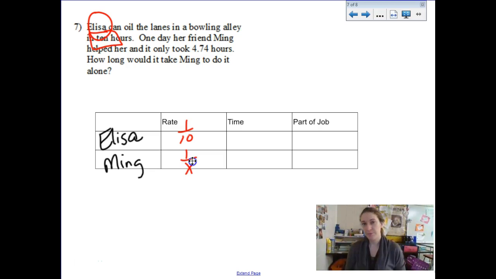But if they work together, it takes them 4.74 hours. So again, that's probably a truncated decimal. So we're going to get a weird answer, but that's okay. We're going to multiply these together. And for this fraction, don't reduce it, just leave it as 4.74 over 10, plus 4.74 over x for the other fraction.